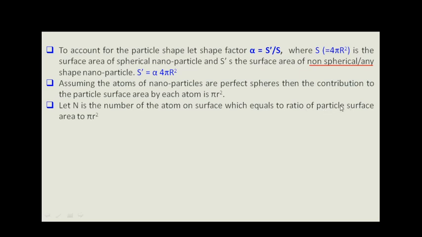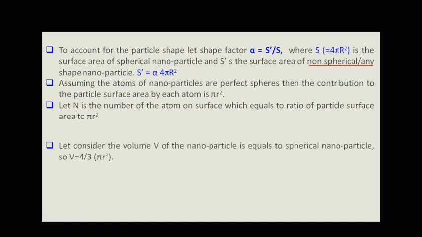So that n will give me the number of atoms on the surface. On an average, it is observed to be always 25%, because if I consider a spherical geometry, many voids will develop on the surface, and I don't have too much space to occupy many atoms.